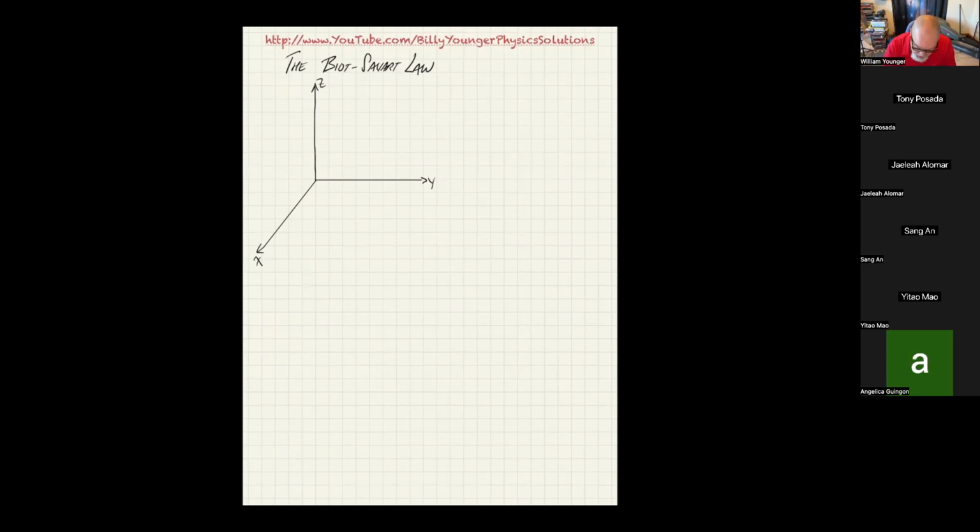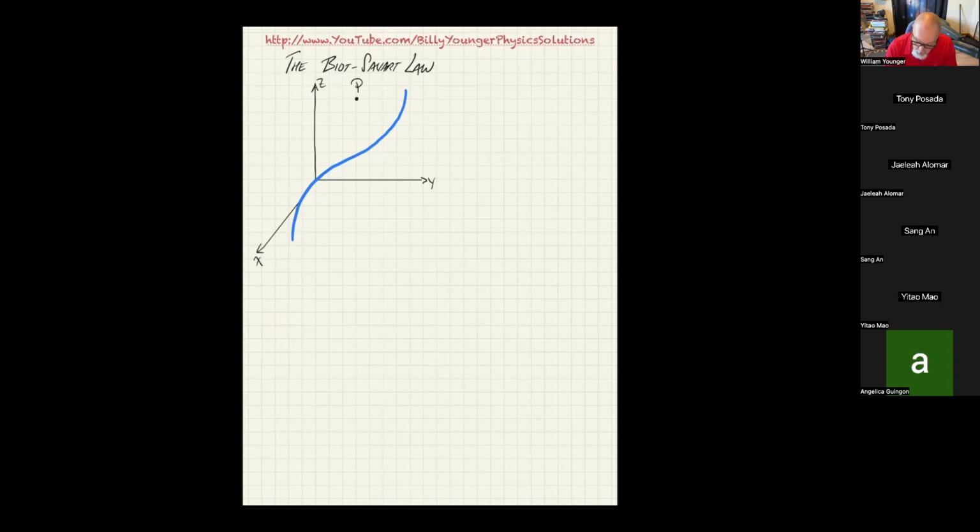So imagine we have a wire carrying a current like this. And let's also imagine that we have a location in space, let's say right over here, and that point is called P. That's the point at which we wish to know the magnetic field.